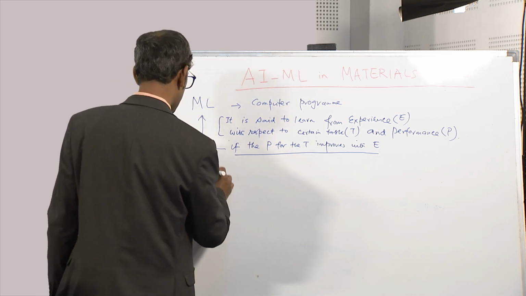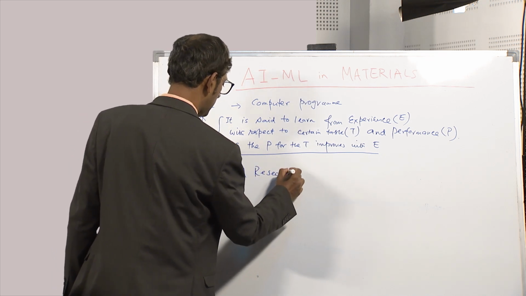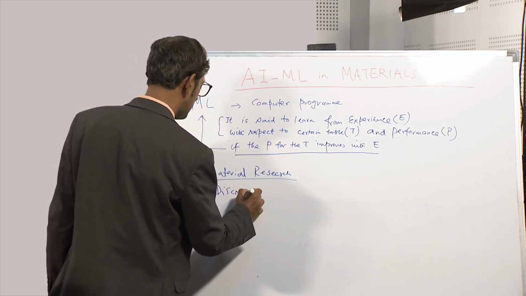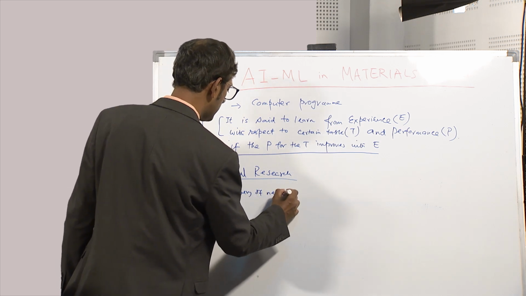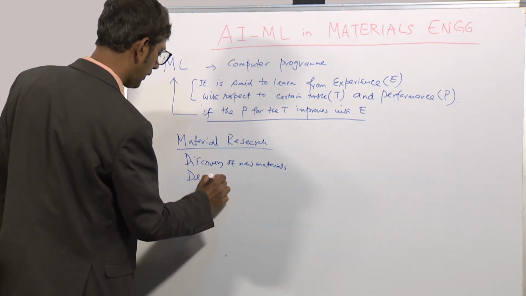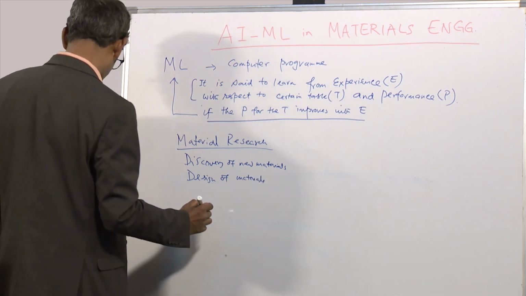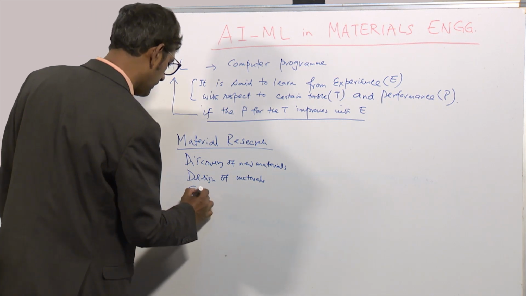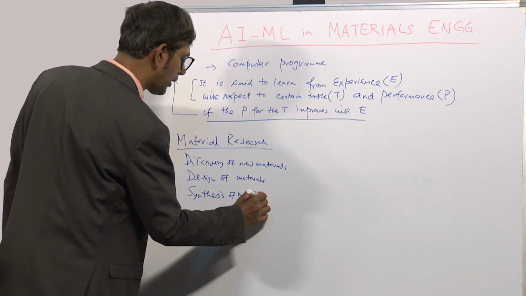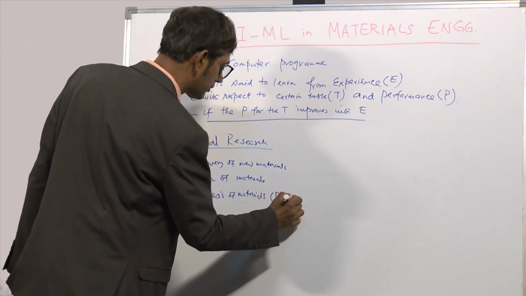So material research basically revolves around discovery of new materials, design of materials, and also synthesis of materials. Sometimes you need to discover new synthesis techniques or new processing routes, that is what we call processing routes.